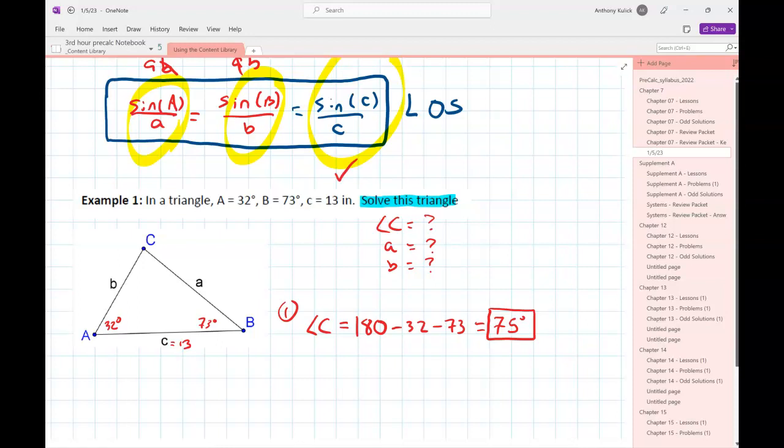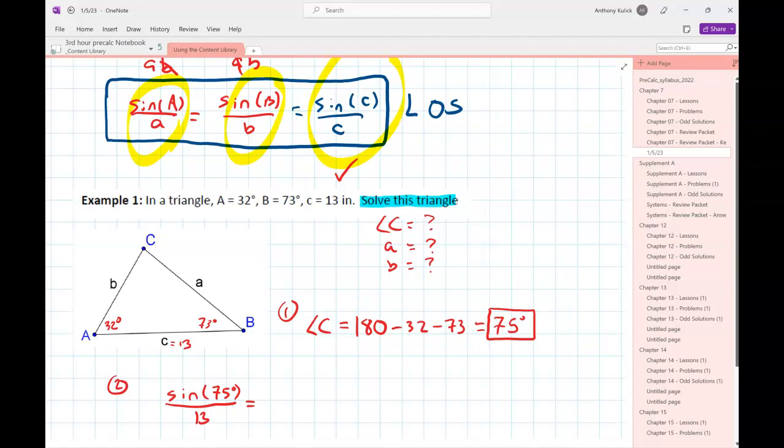So I can then set sine of 75 over 13 equal to either sine B over B or sine A over A. It does not matter which one.